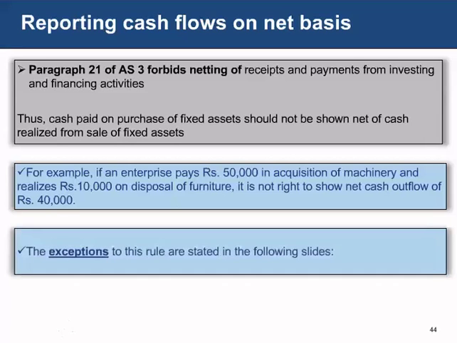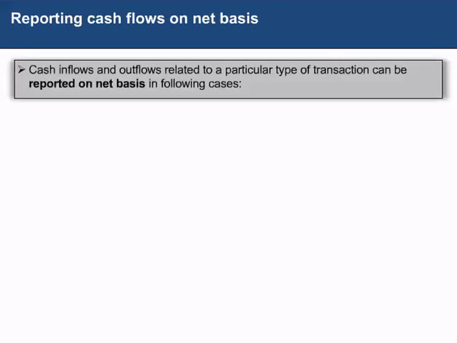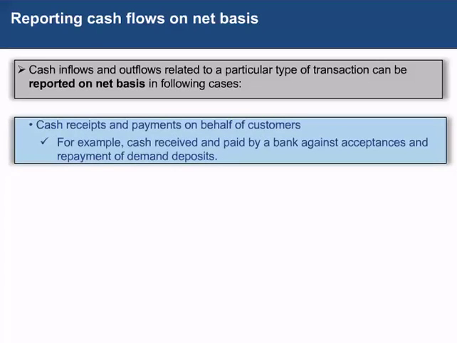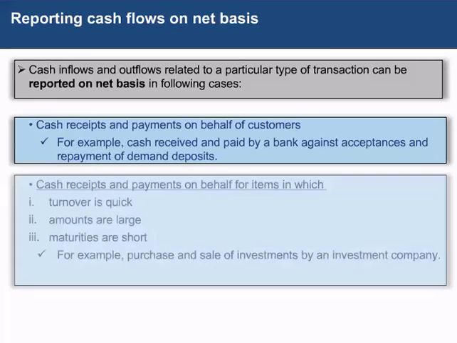However, there are exceptions to this rule which are stated in the following slides. Cash inflows and outflows related to a particular type of transactions can be reported on a net basis in the following cases. Cash receipts and payments on behalf of customers, for example, cash received and paid by a bank against acceptances and repayment of demand deposits, can be netted off.